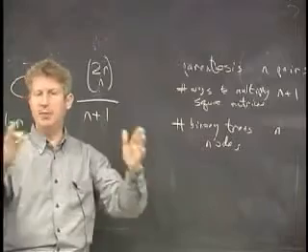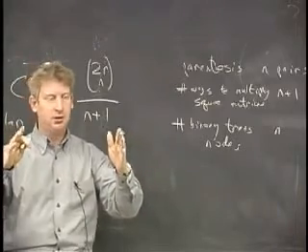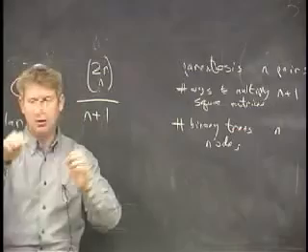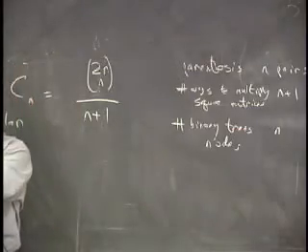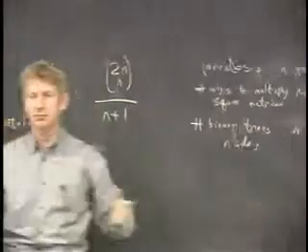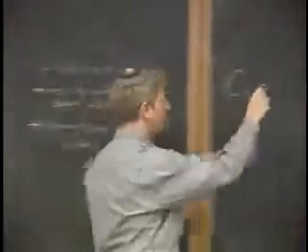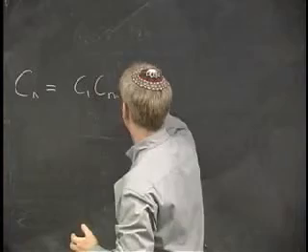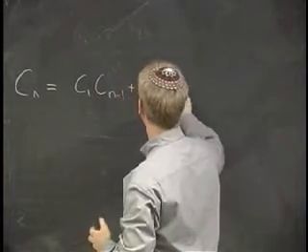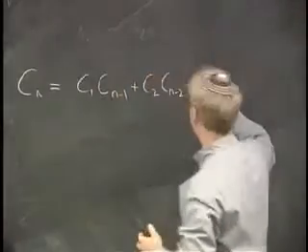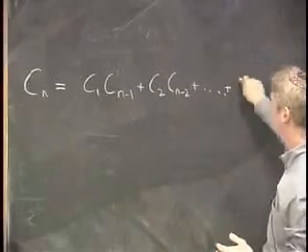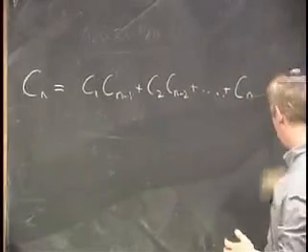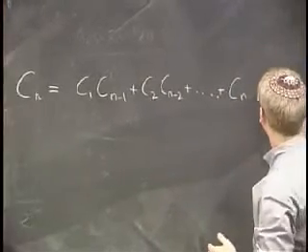You could do any sub-multiplication of all of them, then the last multiplication, followed by any sub-multiplication of the arrays that were left over. So what did that end up being? C1 times Cn minus 1 plus C2 times Cn minus 2, all the way up to Cn minus 1 times C1.